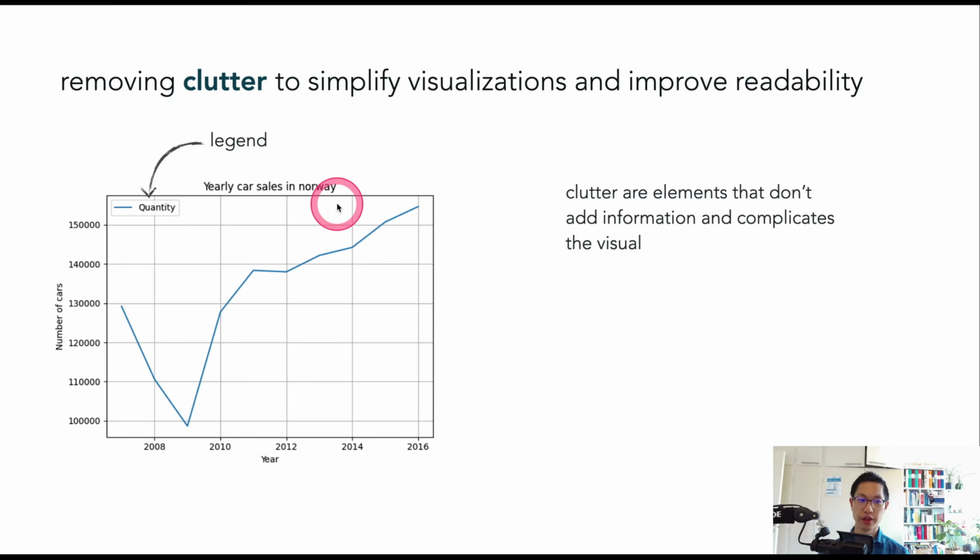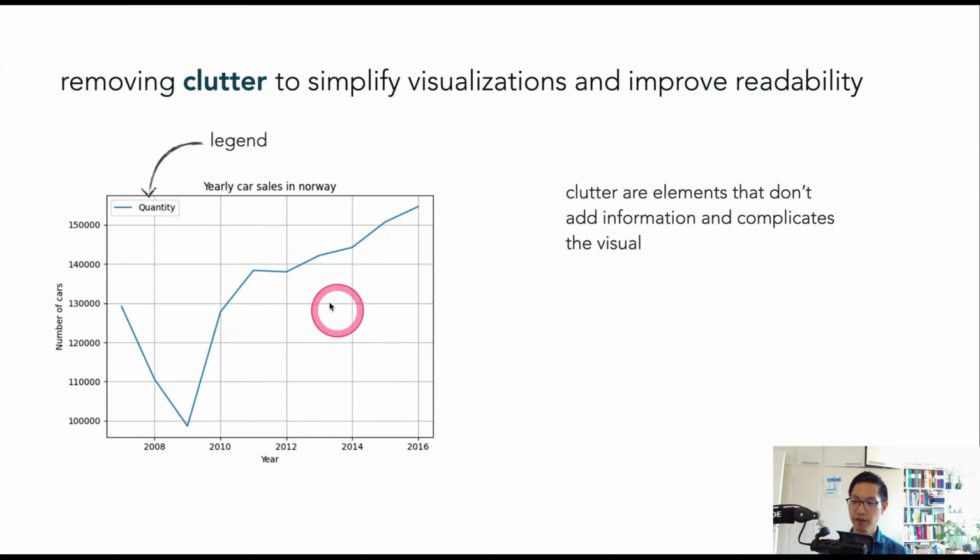So for example, here we have a legend. You might think a legend might add information. Yeah, maybe if we have several lines. Here, quantity. If you wanted to show quantity, you could have an arrow towards it, or you could have quantity in the axis. So it's redundant information.